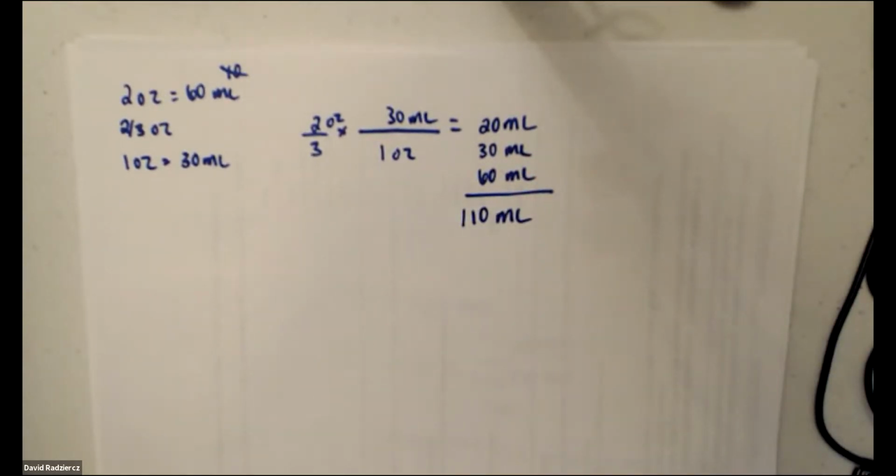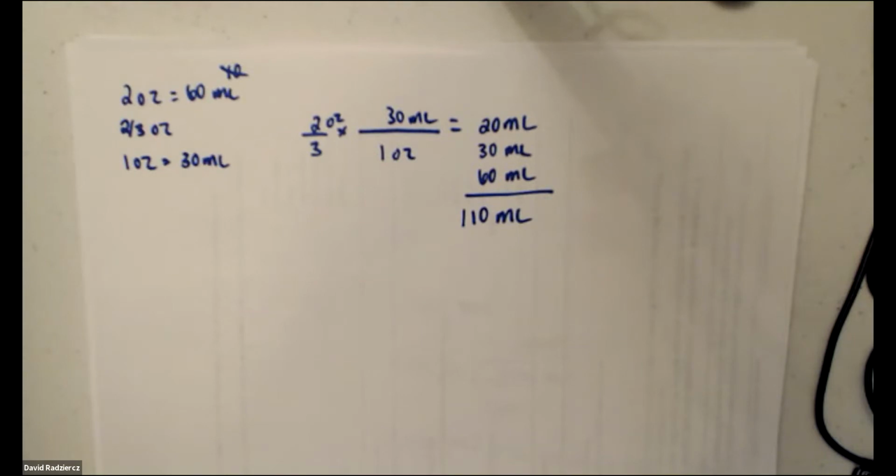Sometimes if you put 2/3 into a decimal, 2 divided by 3, you'll get 0.6666666. If you multiply that by 30, you're still going to get 20 as long as you leave it in your calculator as it is. But if you just did 0.7 times 30, you might get 21.